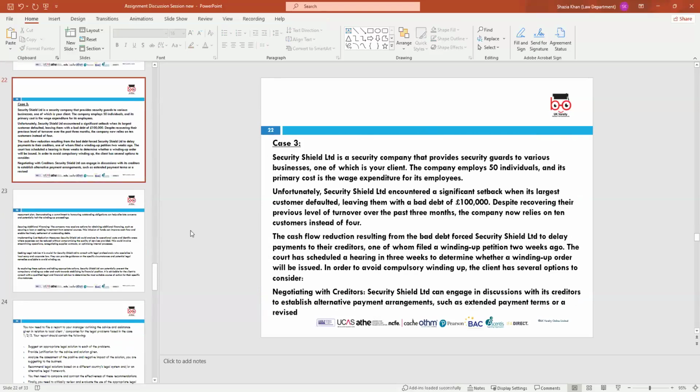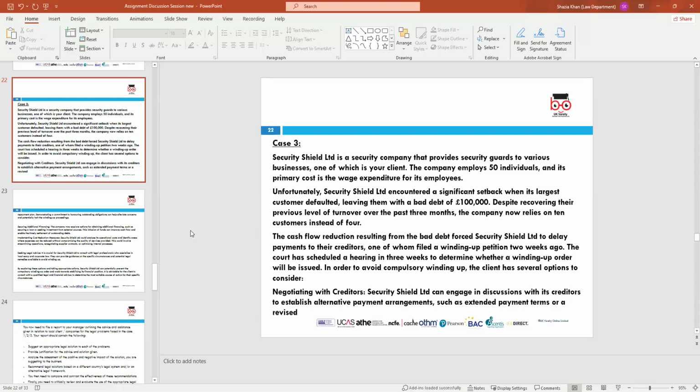Case study 3. Security Shield Limited is a security company that provides security guards to various businesses, one of which is your client. The company employs 50 individuals and its primary cost is the wage expenditure for its employees. Unfortunately, Security Shield Limited encountered a significant setback when its largest customer defaulted, leaving them in bad debt of £100,000.